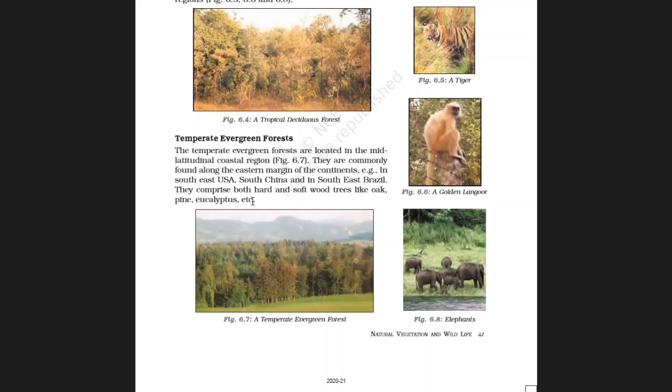They have both hard and softwood trees, okay, such as oak, pine, eucalyptus, etc.